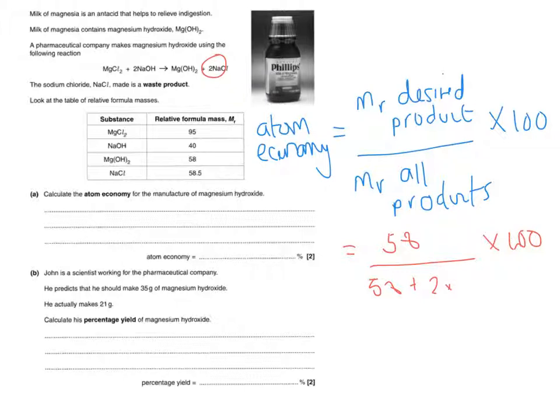The mass of that is 58.5. If I do 2 times 58.5, I get 117. If I add that to 58, I get 175. If I complete that sum, then I find it is 33%.